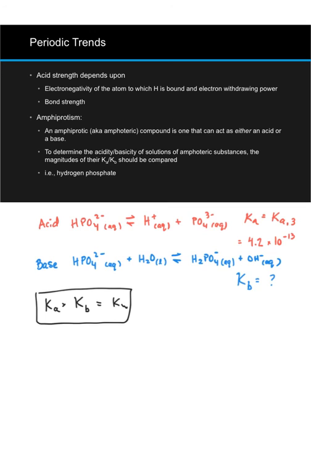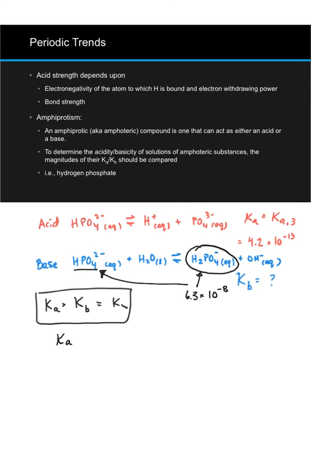In this case, we were given Ka earlier on a previous slide for the substance that's the conjugate acid of our weak base hydrogen phosphate. We were told that the Ka for this substance here was 6.3 times 10 to the minus 8.